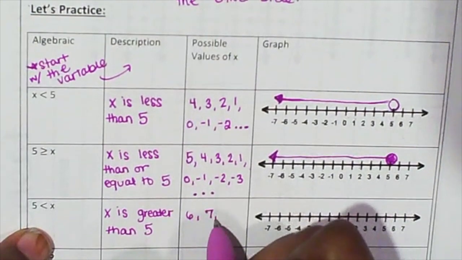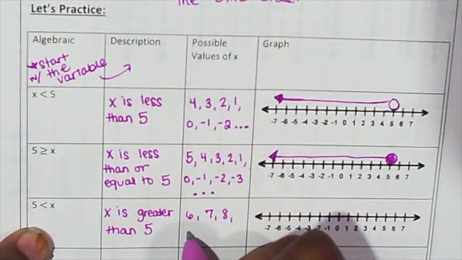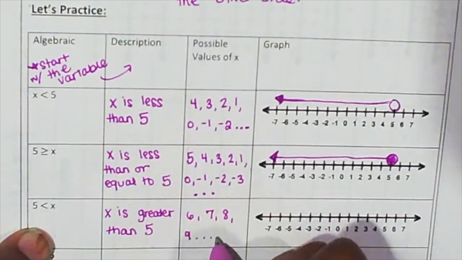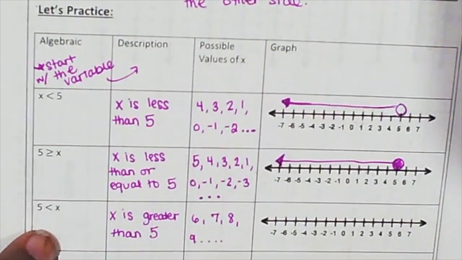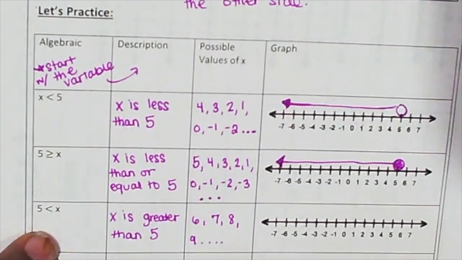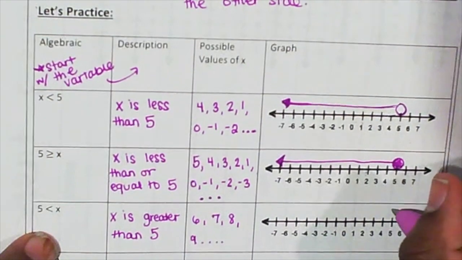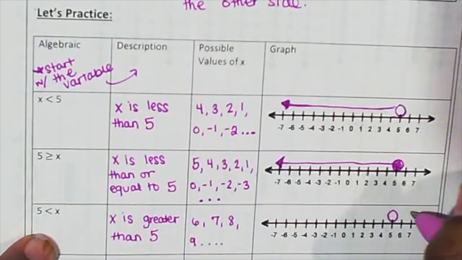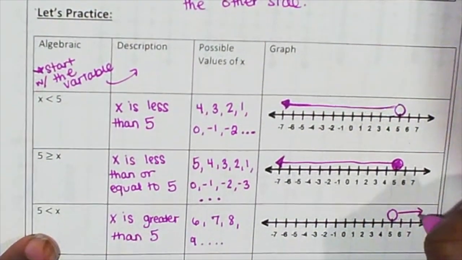It's simply x is greater than 5. So I'm listing all the numbers that are bigger than 5. I will place an open circle on 5, and then my arrow will be going towards the right.